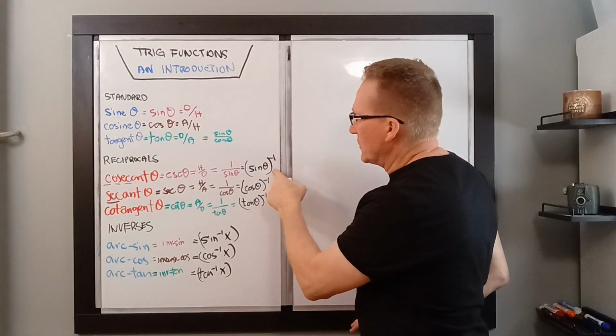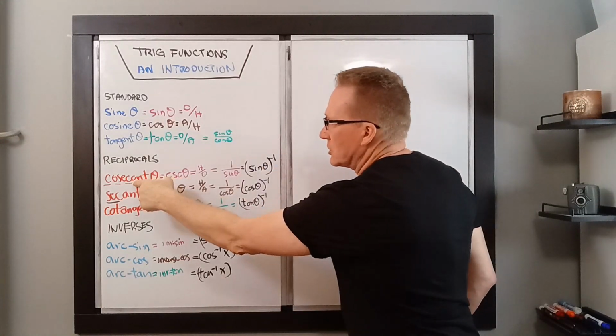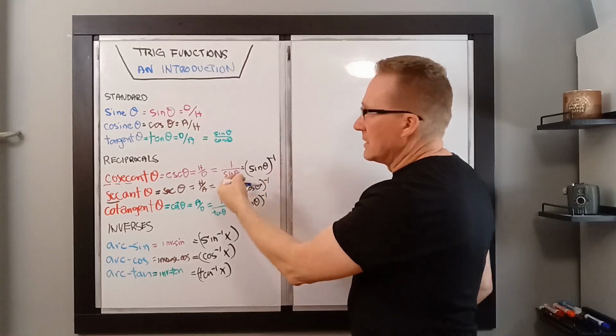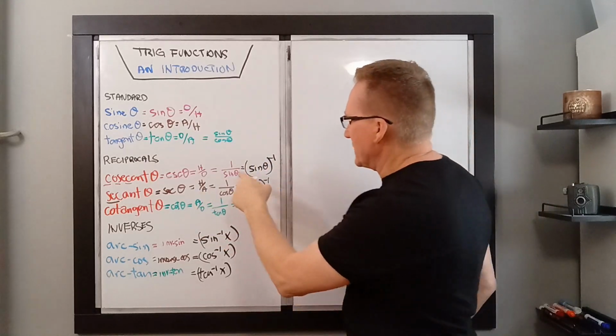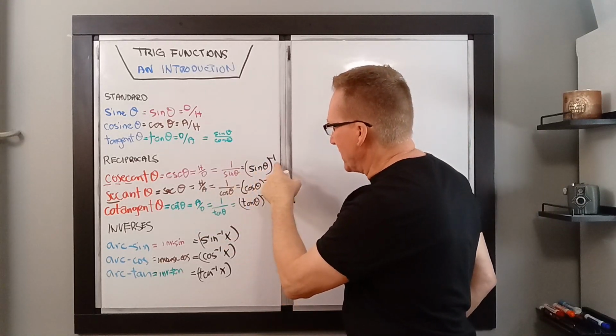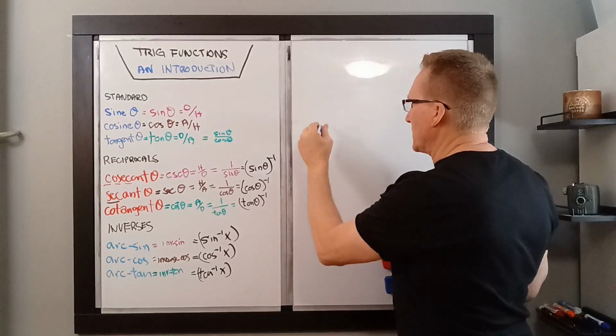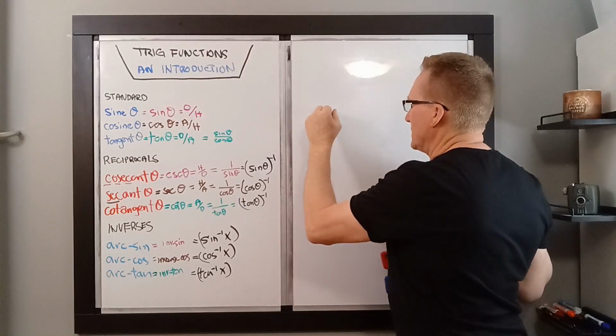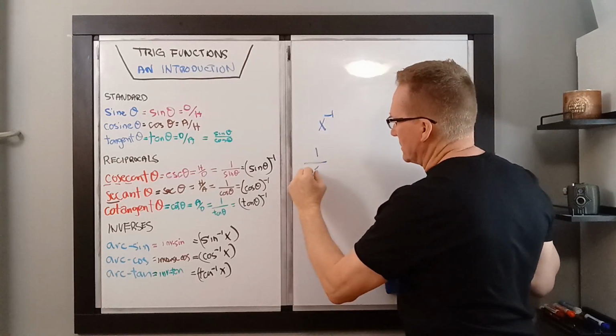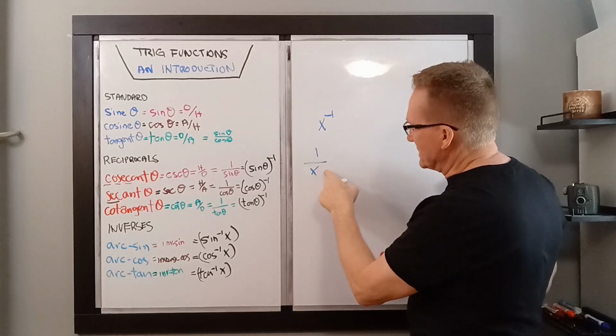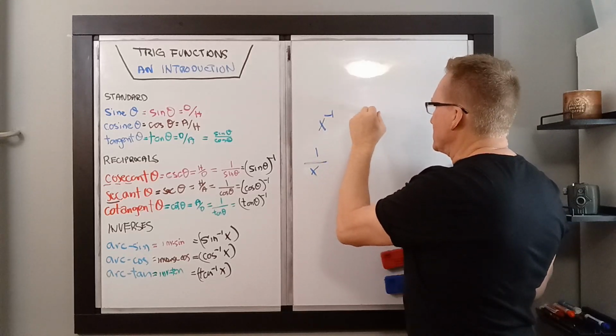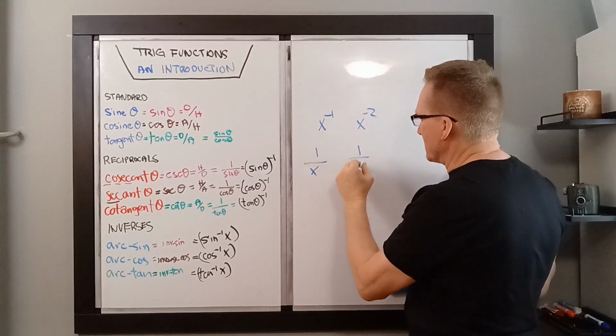Over here, if you're doing the cosecant, which is the reciprocal, the sine in the denominator, you have sine theta to the -1. That's just the way that you would normally write it. So for example, x to the -1 means 1 over x. You just put this in the denominator. X to the -2 means 1 over x squared.